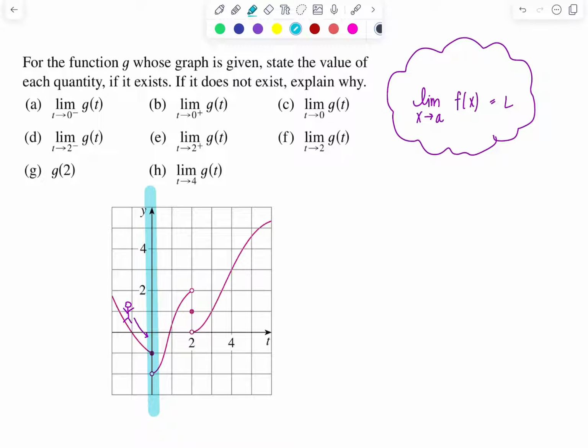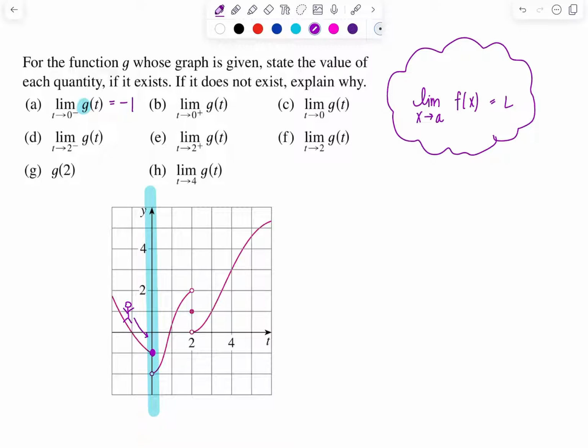The limit says, what is this function, g of t, what are the y values approaching? Okay, so take a look at the graph. Where are you going? If you keep going from the left side, when you hit t equals 0, you're actually going to be exactly at -1. That's the y value. Okay, so this limit is -1. Good? We under control? Not too bad, right?